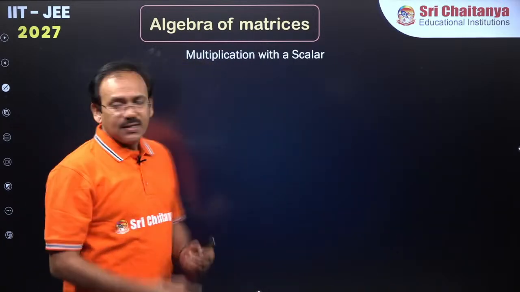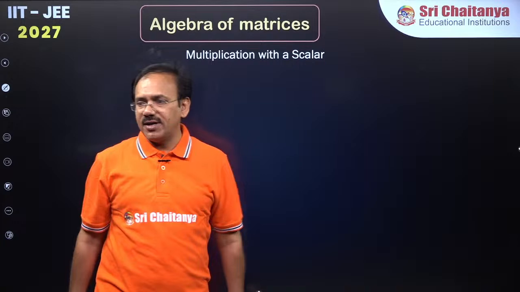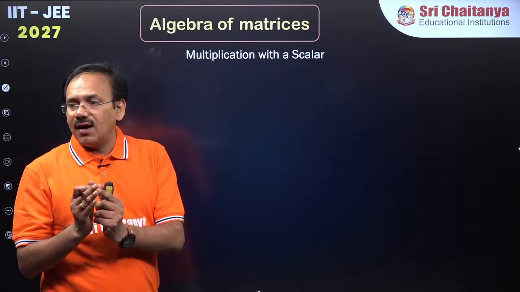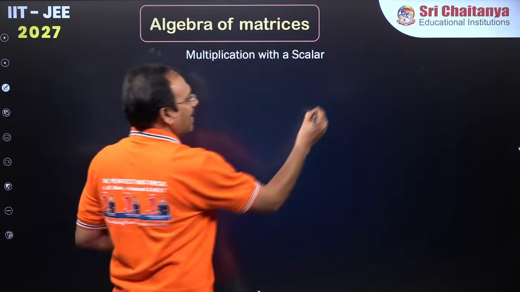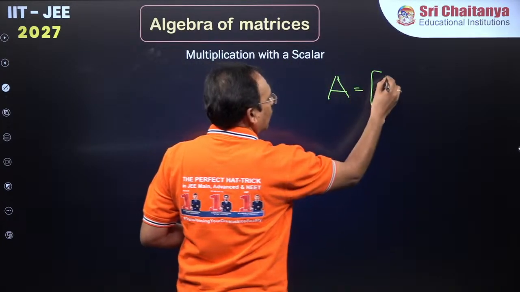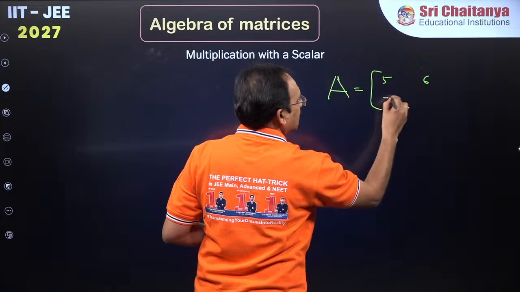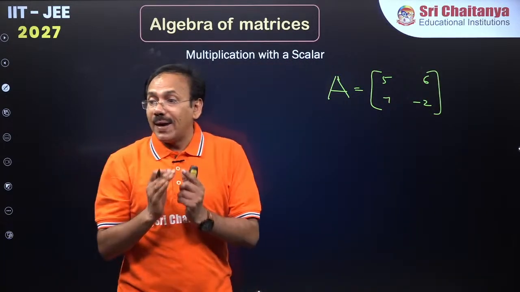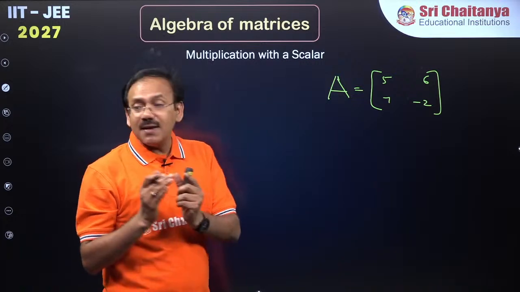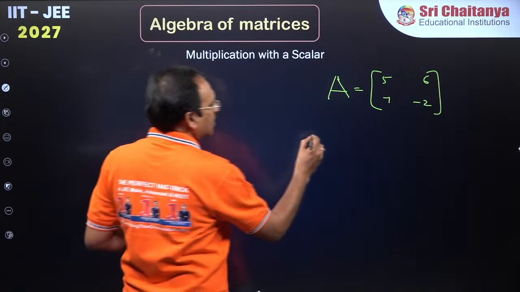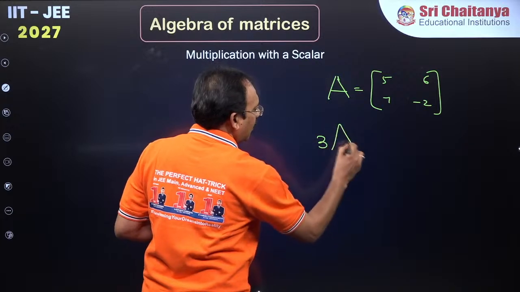Next, today's second point is multiplication with a scalar. Suppose you are given a matrix A: 5, 6, 7, minus 2. What do you mean by multiplying a matrix with a number? Suppose you want 3A.